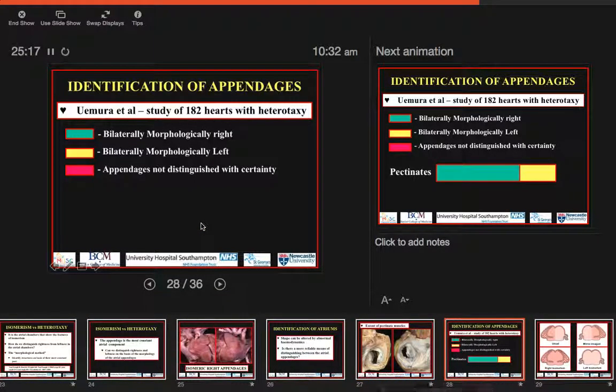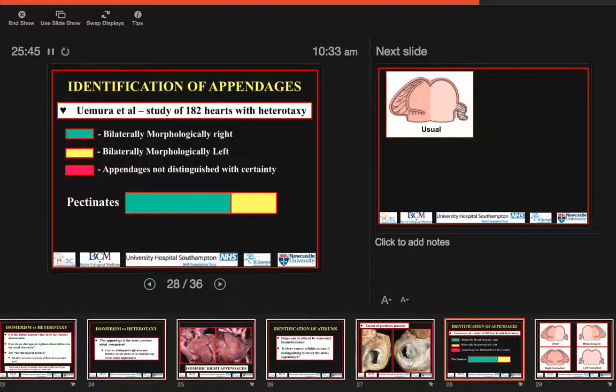So Uemura looked at a large number of patients with so-called heterotaxy, and on the basis of the extent of the pectinate muscles, he tried to distinguish whether both of the appendages were morphologically right, in green, both of the appendages were morphologically left, in yellow, or whether there was ambiguity, as Dr. Van Praagh and Dr. Van Mierop were trying to tell us.